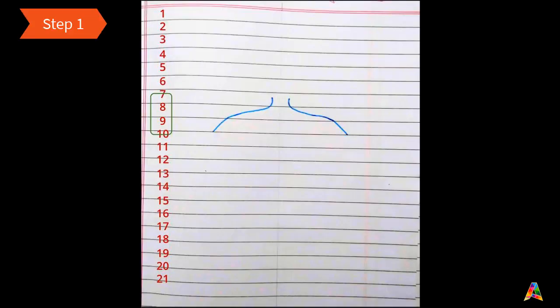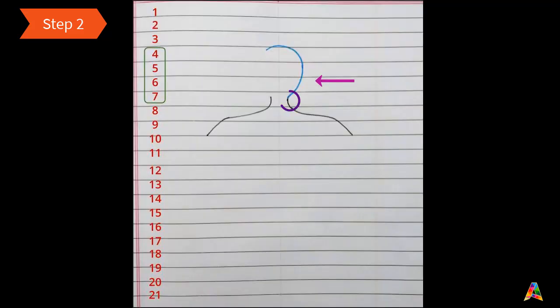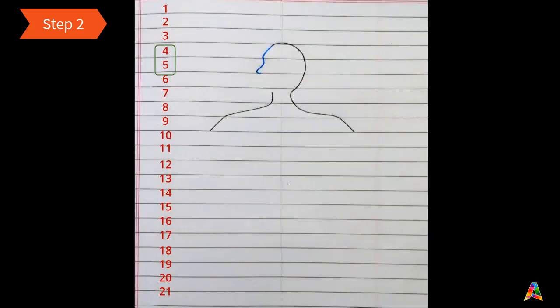In row 8, let us draw connection between the neck and the shoulder and extend it downwards in row 9 to form an outline of hands. Now starting from this point, we want to draw a semicircle on the right side of the line which extends upward covering 3 rows. Let us extend this line downwards on the left side to form forehead region.